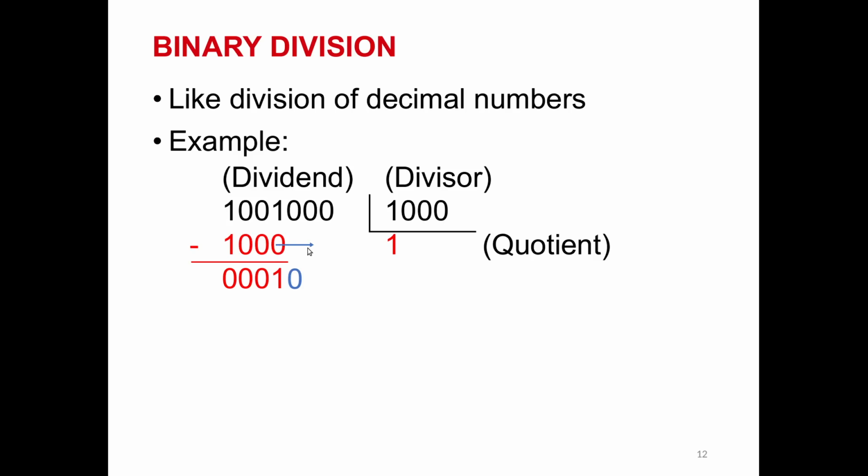This arrow implies that you shift this 1 0 0 0 value 1 bit to the right, so you align it here. You will take 0 0 1 0 minus 1 0 0 0.